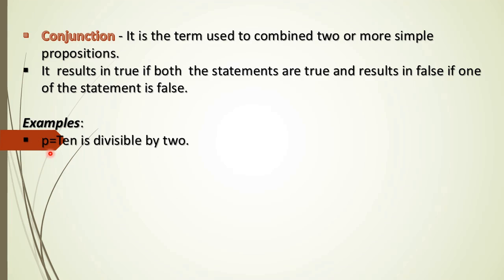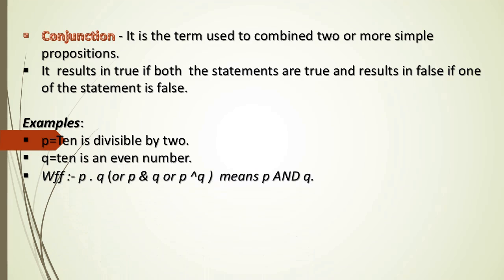P is a proposition which represents 10 is divisible by 2. Q is another proposition which says 10 is an even number. Now in WFF form, it will be written as P dot Q, which means P and Q. Remember, this dot sign is not an arithmetical operator, it is a logical operator which represents the AND logical operation.